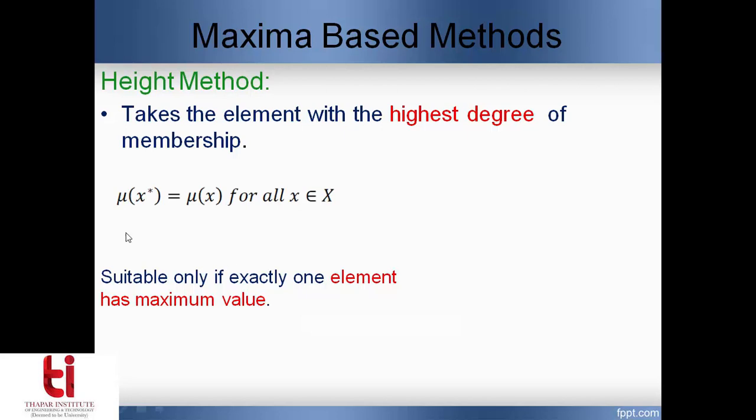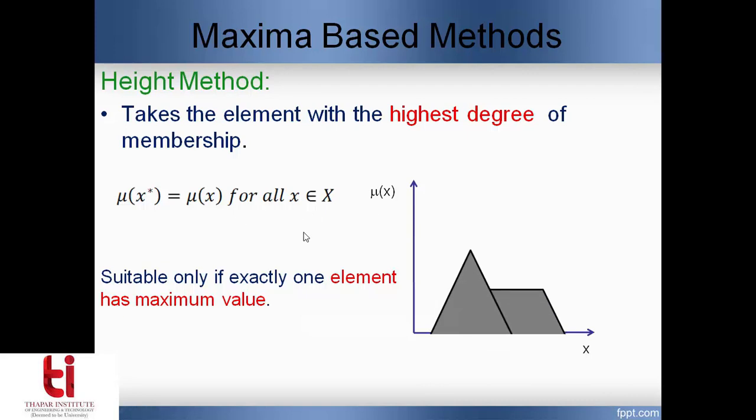This is expressed mathematically as: x star represents the crisp value to be taken for the output, such that the membership of x star equals mu of x for all x belonging to the universe of discourse, where it is the highest or maximum value.